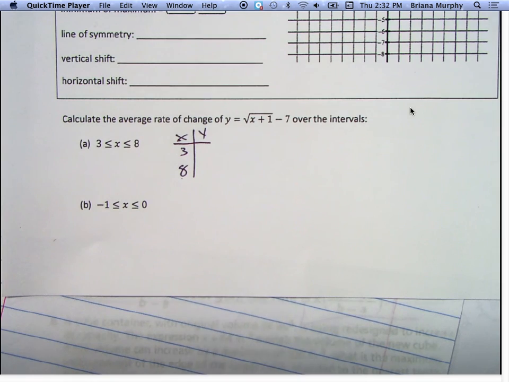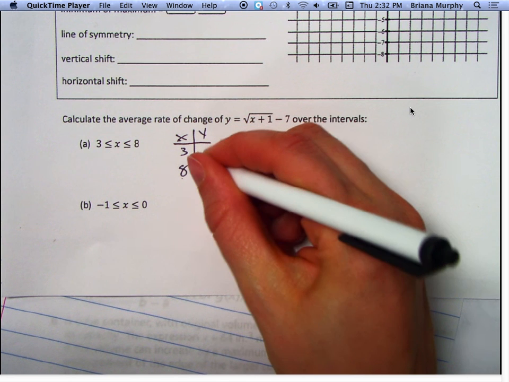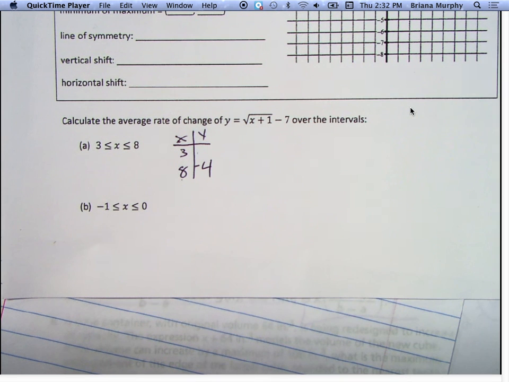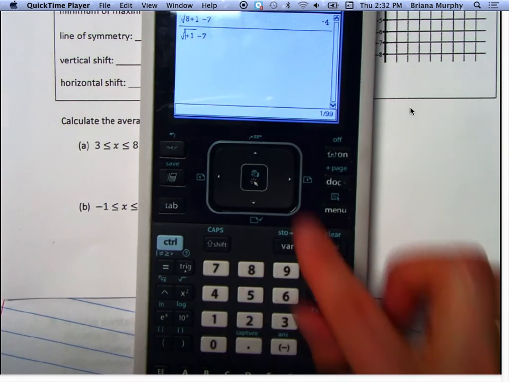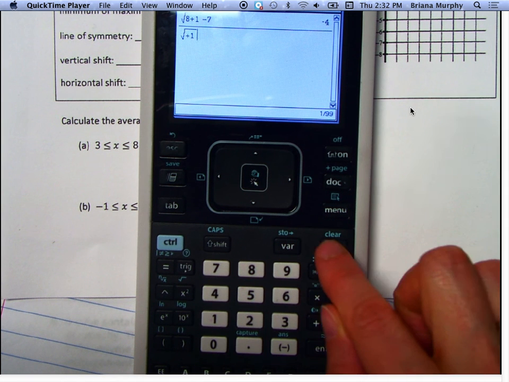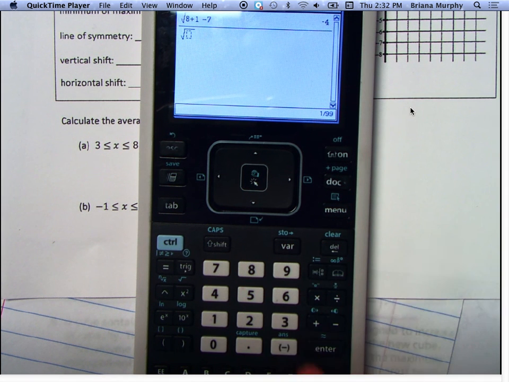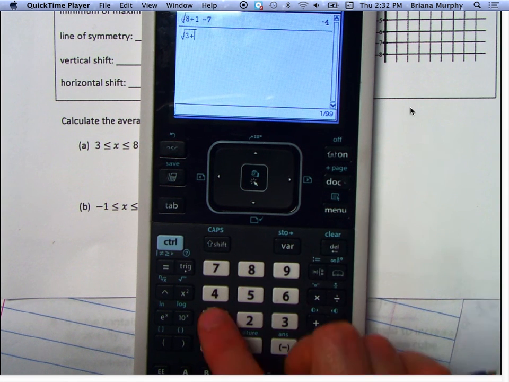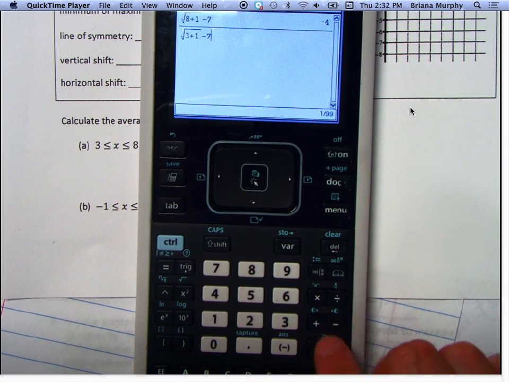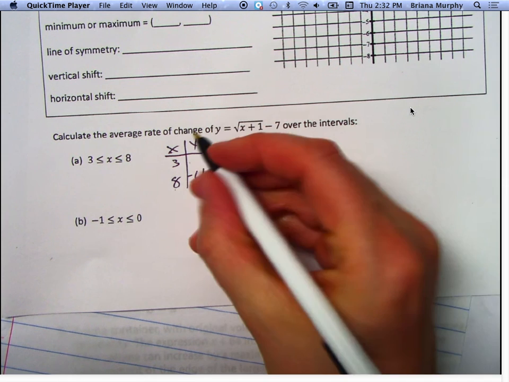So I'm going to do square root of 8 plus 1 minus 7 gives me negative 4. I'm going to do the same thing but with 3. So I put the square root of 3 plus 1, minus 7. I get negative 5.